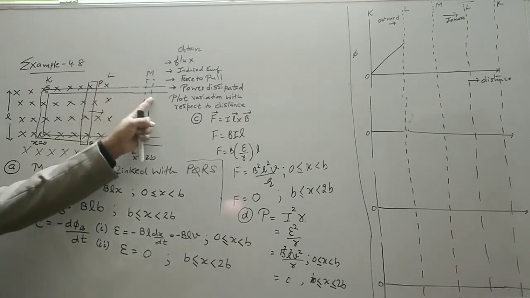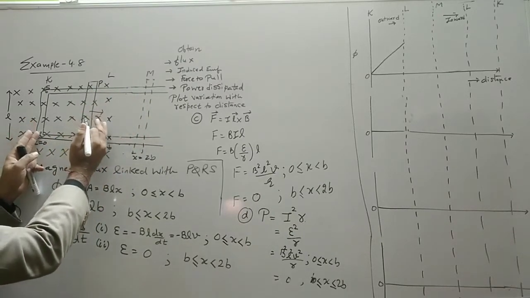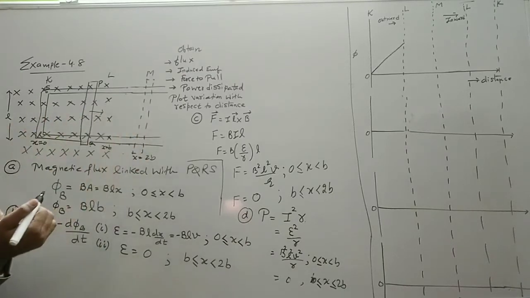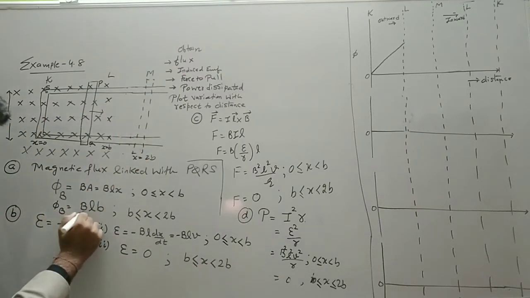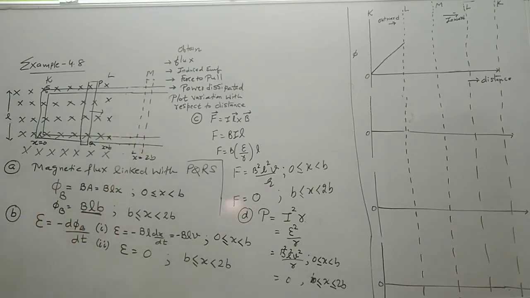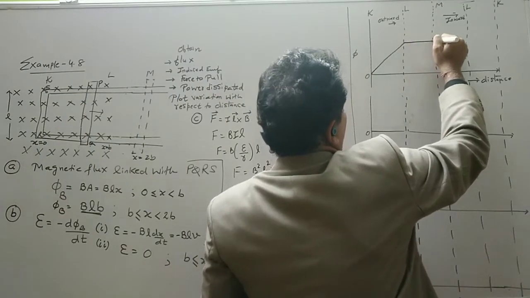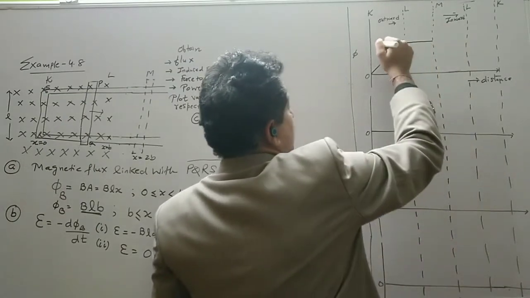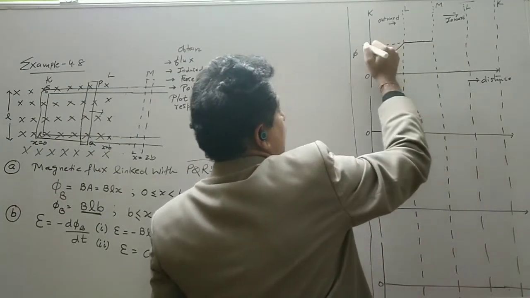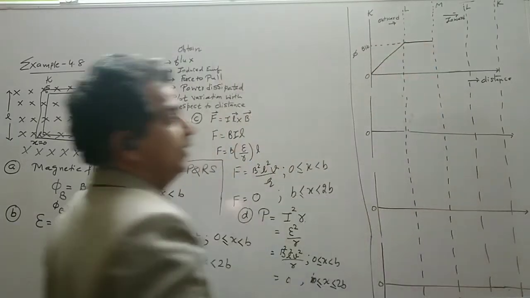Then L to M, the flux is the KL flux plus 0, so it becomes BLB plus 0. BLB is a constant, so the flux becomes constant. This is the maximum flux, and its value is BLB.